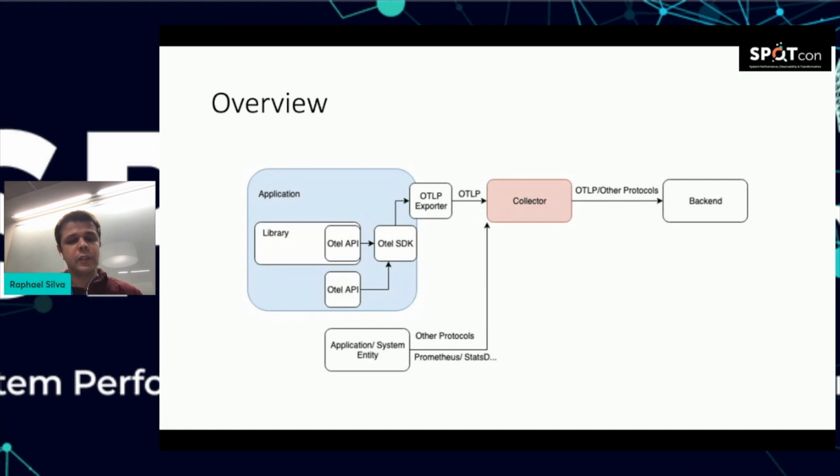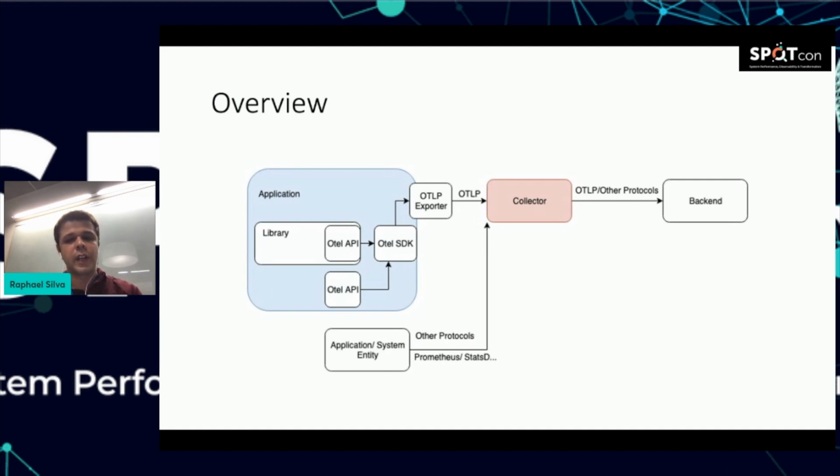So the signals produced by the API are then collected or configured through the SDK, and those are exported by OTLP exporters to the collector, and the collector will transform and process these telemetry signals and then send them further to backends using either the OTLP protocol or other protocols.